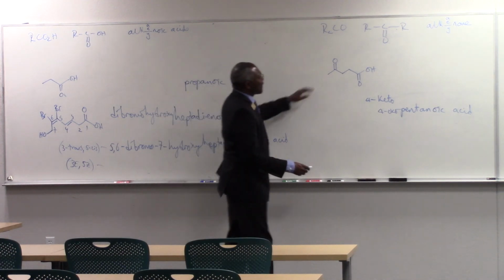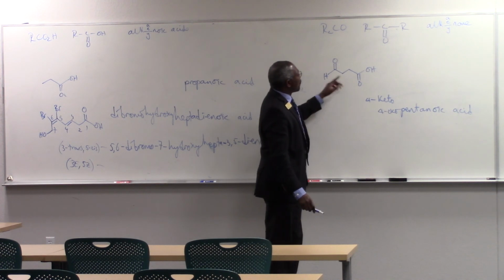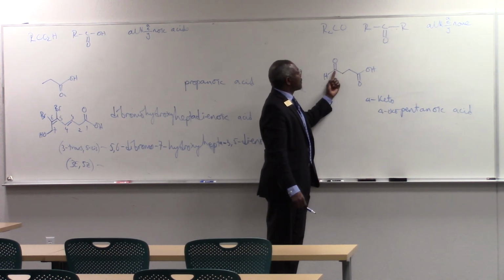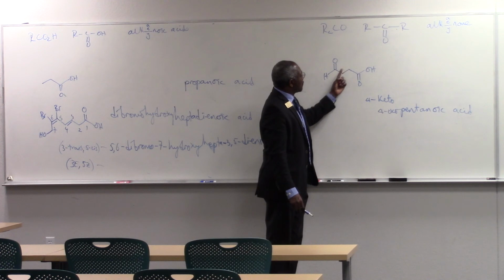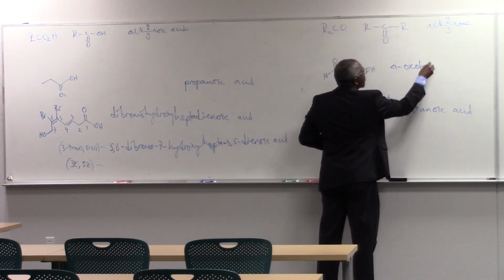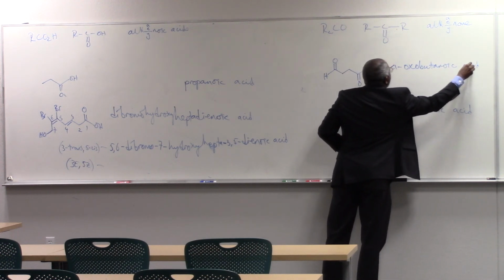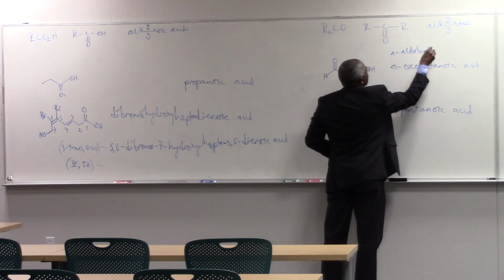And similarly, if I had this compound, it would be called 1, 2, 3, 4, 4-oxo. So this would be 4-oxobutanoic acid. Or I might call it 4-aldobutanoic acid.